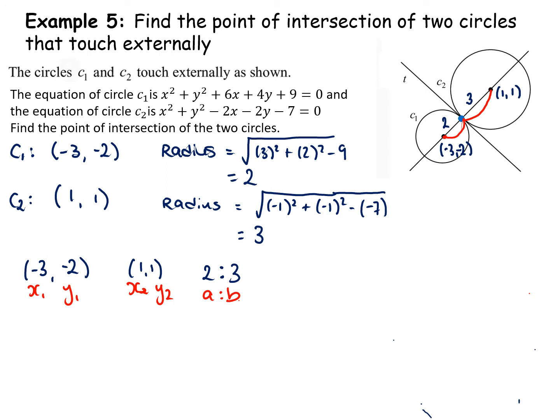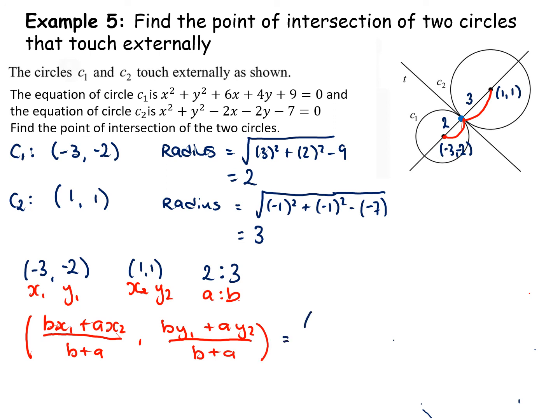So the formula for this is bx1 plus ax2 all over b plus a, comma, by1 plus ay2 all over b plus a.